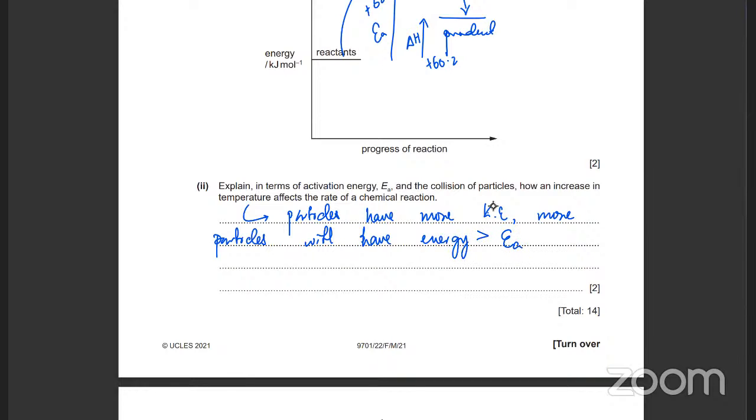So the number of particles having energy greater than activation energy is going to be higher. And that is why not only the frequency but the effectiveness increases. Particles traveling faster would bump into each other a lot more, but particles being more energetic would make the collisions more effective as well. So frequency and effectiveness of collisions increase.